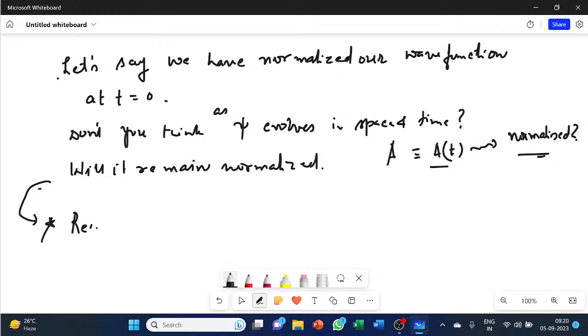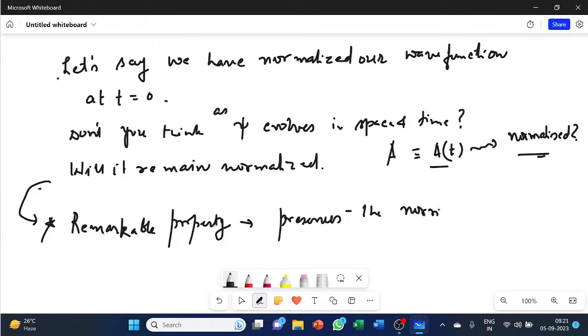One of the remarkable properties of the Schrodinger equation is that it preserves the normalization constant, or normalization, of the wave function.